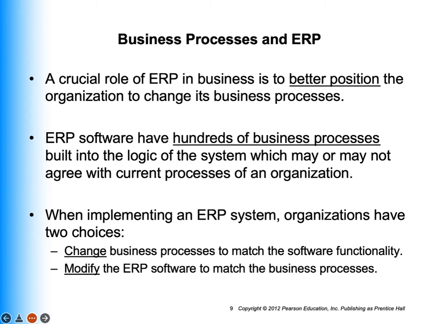So with ERP, companies are in a better position to make decision. Okay, they could unify the different types of business processes, and not only that, processes could be changed and modified immediately to make it more efficient.